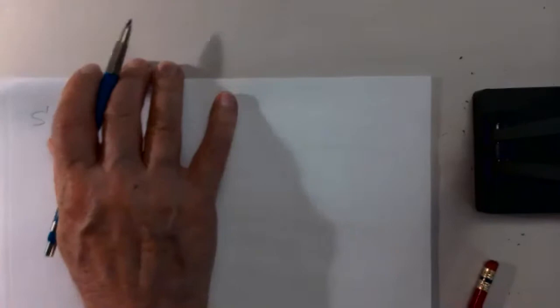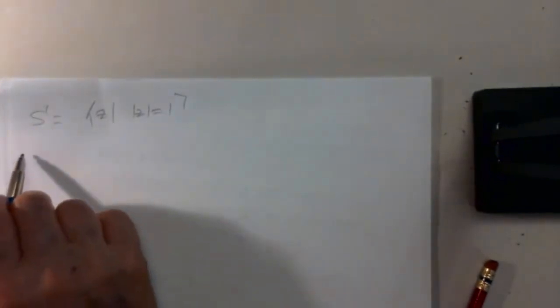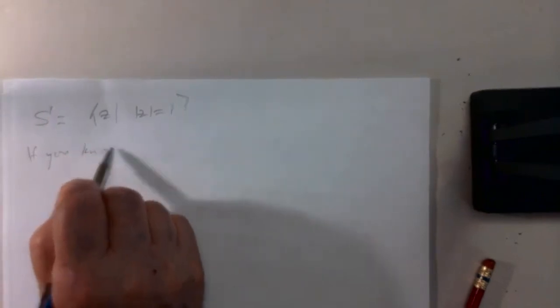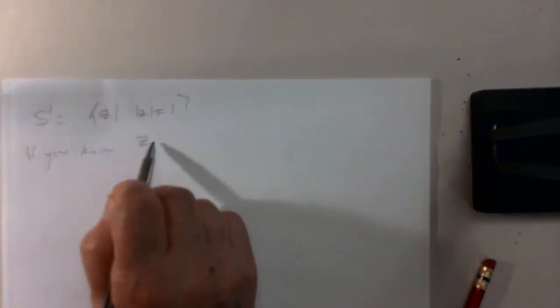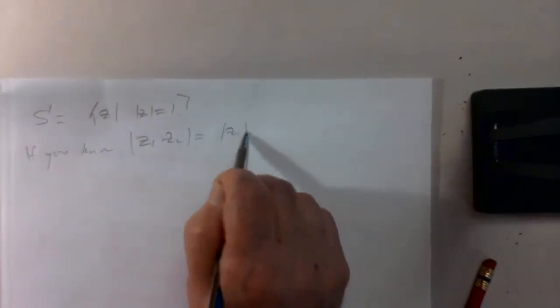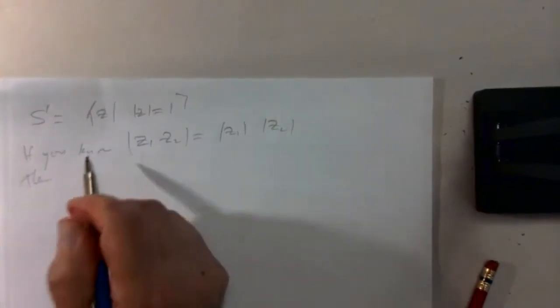Now, if you wanted to say this circle S1 is all complex numbers z where the absolute value of z is equal to 1, and you know that for any complex numbers the absolute value of z1 times z2 is the product of the absolute values, then you're almost done.